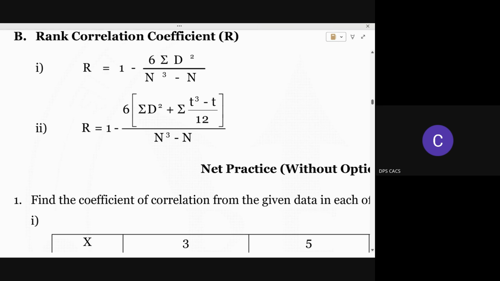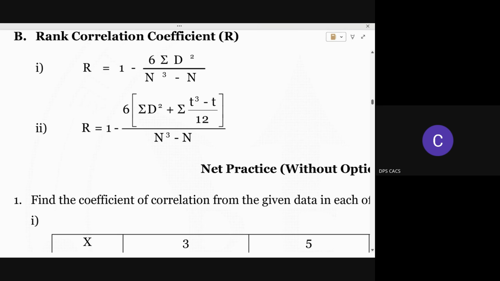That is the formula. You can also write and learn if you want.